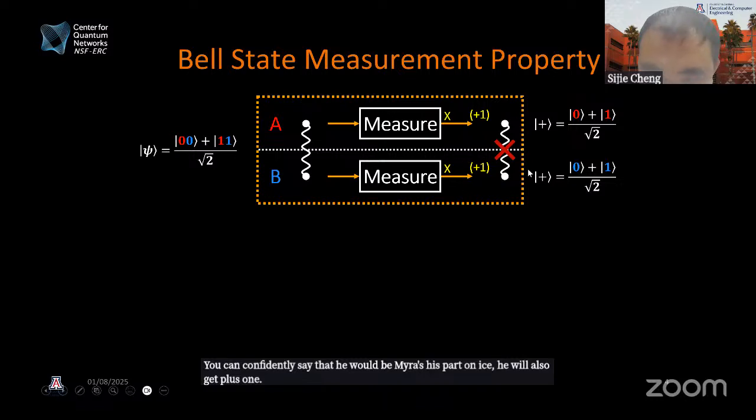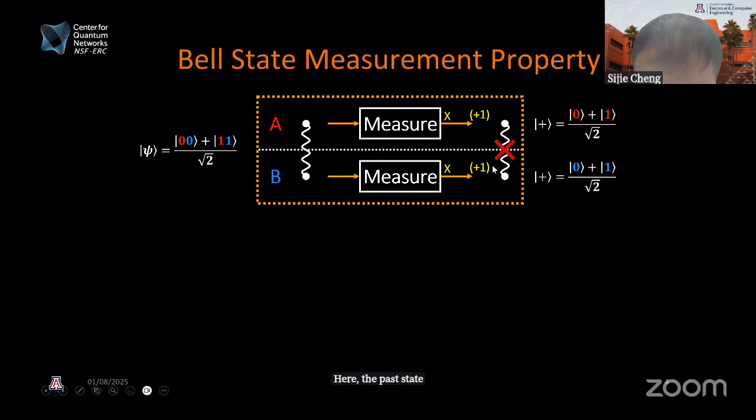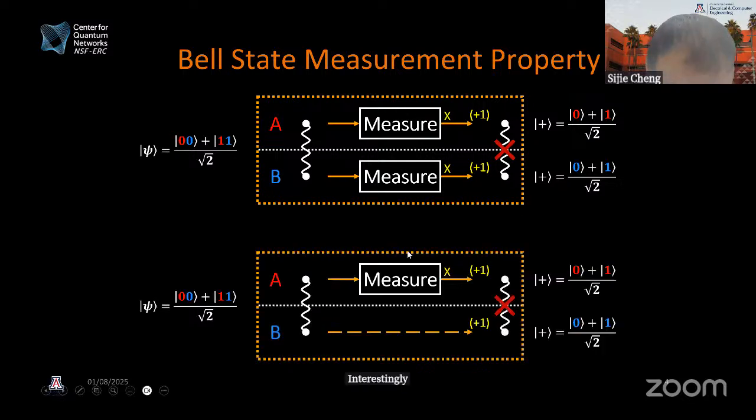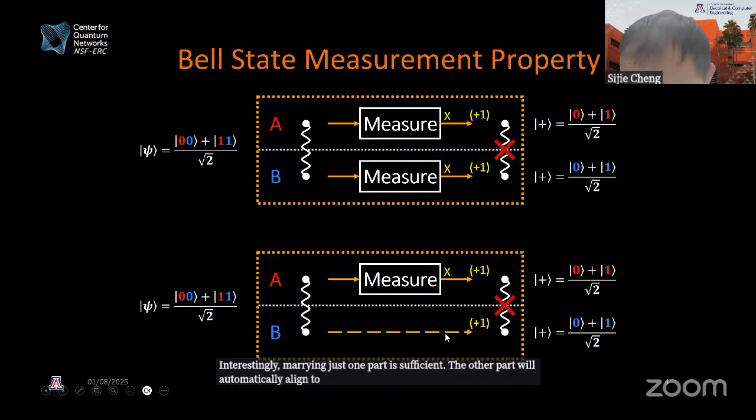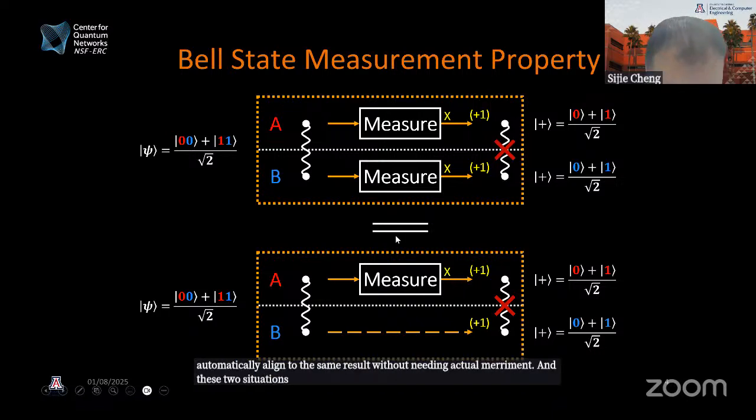Here, the plus state simply indicates a measurement on X resulting in plus 1. Interestingly, measuring just one part is sufficient. The other part will automatically align to the same result without needing actual measurement, and these two situations are equivalent.